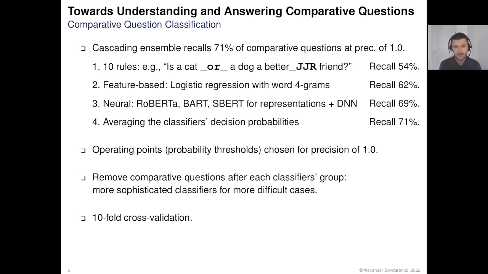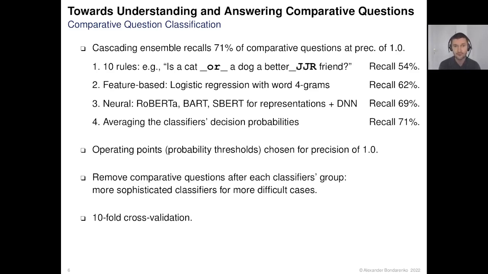After each step in our ensemble, we remove correctly identified comparative questions such that at the next step, a more sophisticated classifier is trained and fine-tuned for more difficult cases.